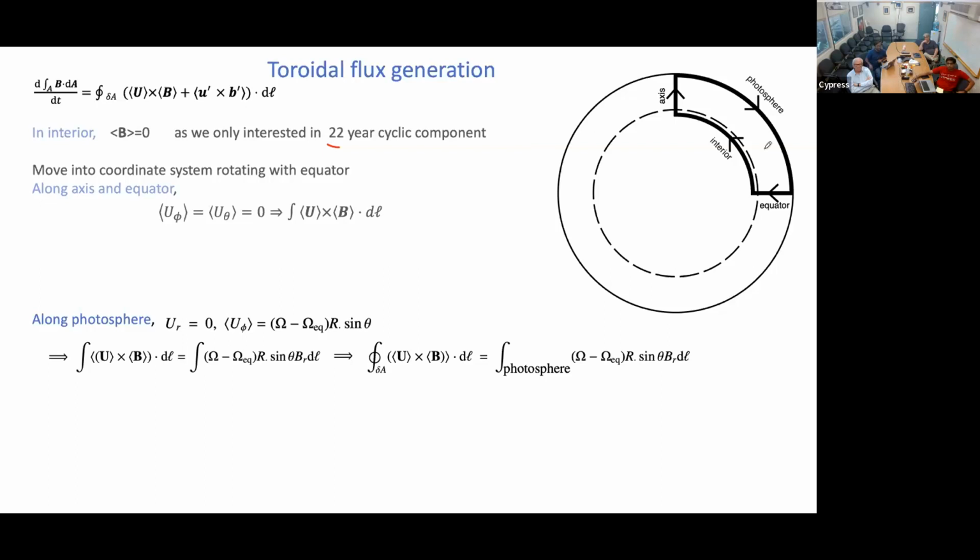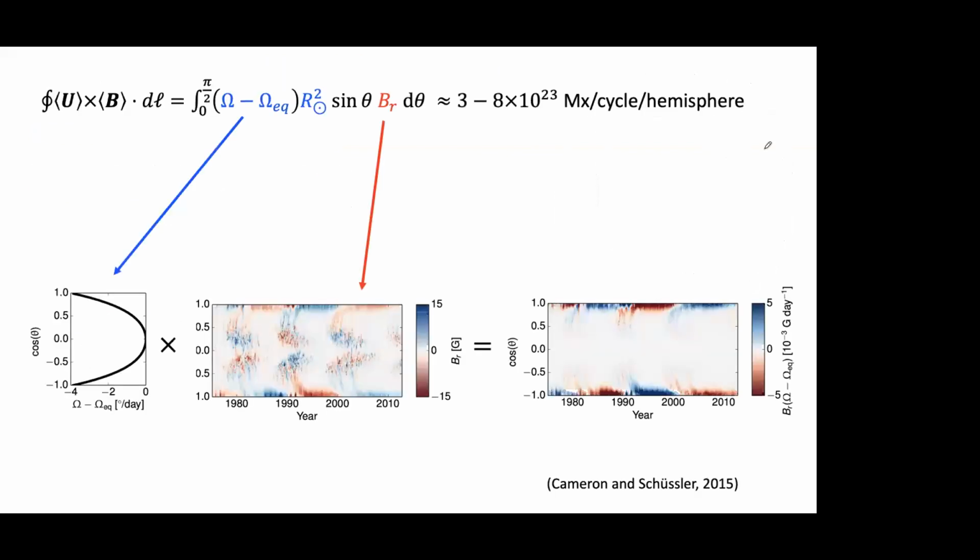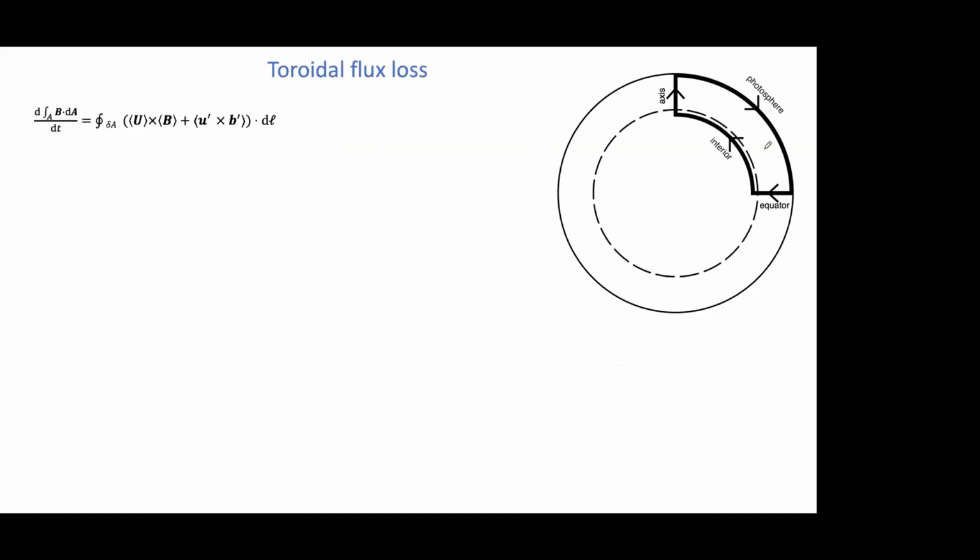Vidya has a question. Yeah, Robert, very nice talk, very interesting result. At some point you were showing that using the Joy's law, you can get the same amount of radial field from the toroidal field.